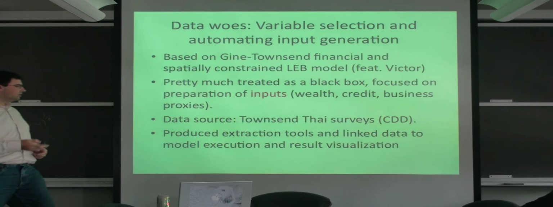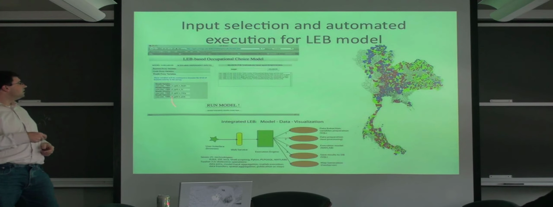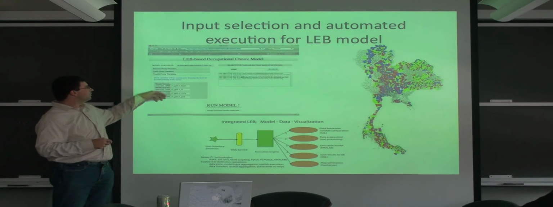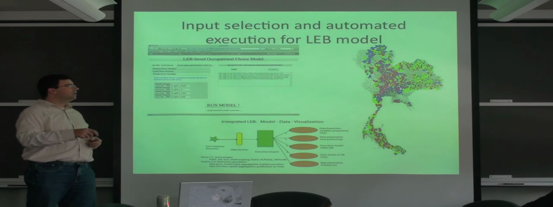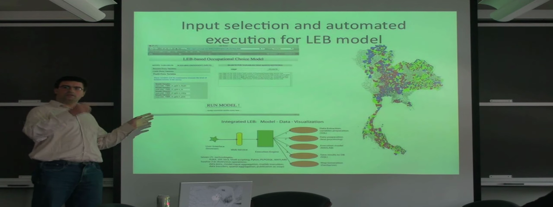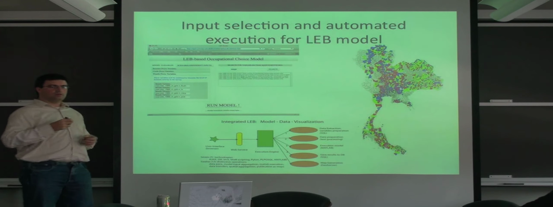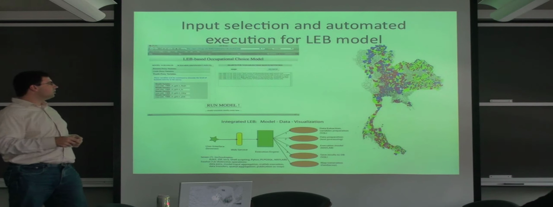That's what this work is about. And build a nice interface to it, where you choose the variables for the proxies, and you click run, and you end up with the result put on the map for each state or county, whatever disaggregation level you choose for running this model.